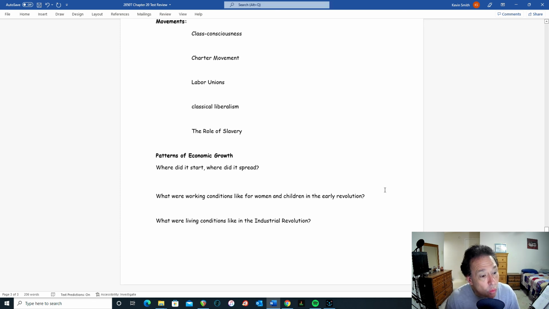And then finally, what were living conditions like in the Industrial Revolution? And that was also very bad, all the way up until about 1850. Remember that the Industrial Revolution was an urban revolution. And so these cities began to grow, and we'll talk about this much more in the next chapter, but cities began to grow phenomenally.